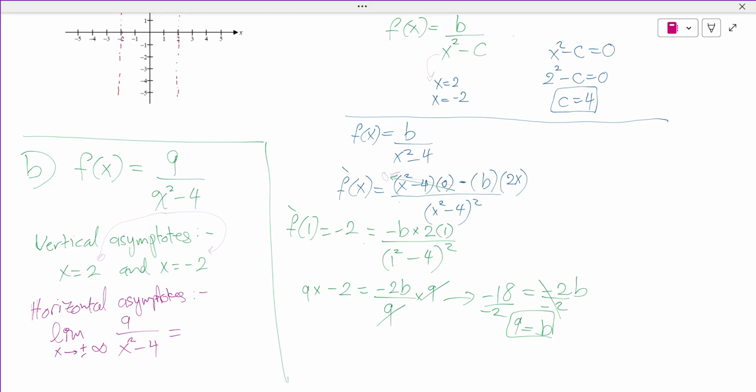Notice that the numerator is just a constant, the denominator is a quadratic, so this limit is equal to 0. That means we have a horizontal asymptote at y equals 0.